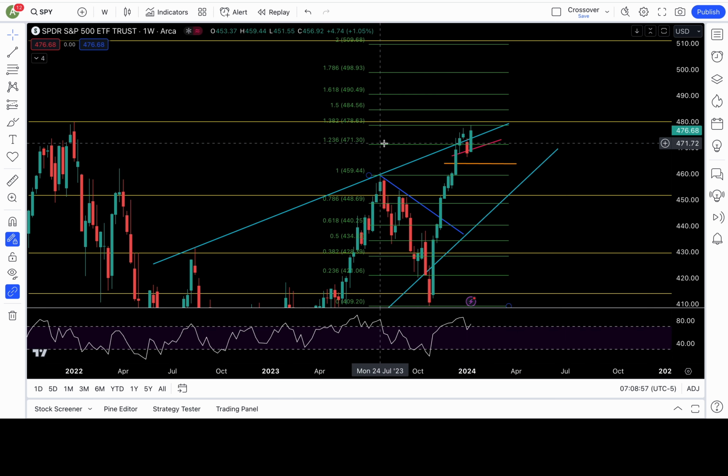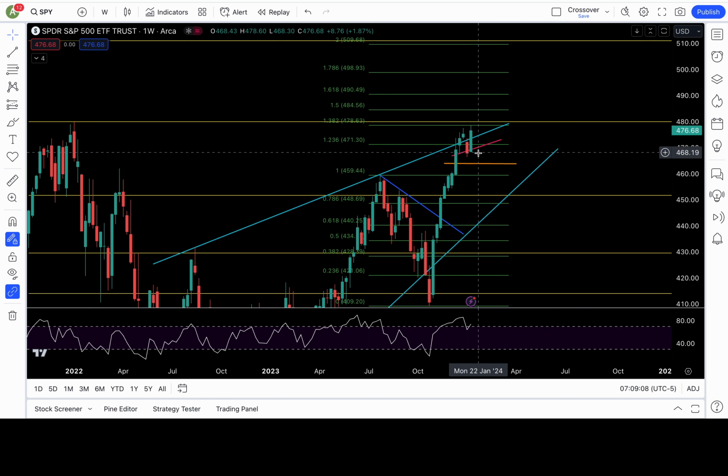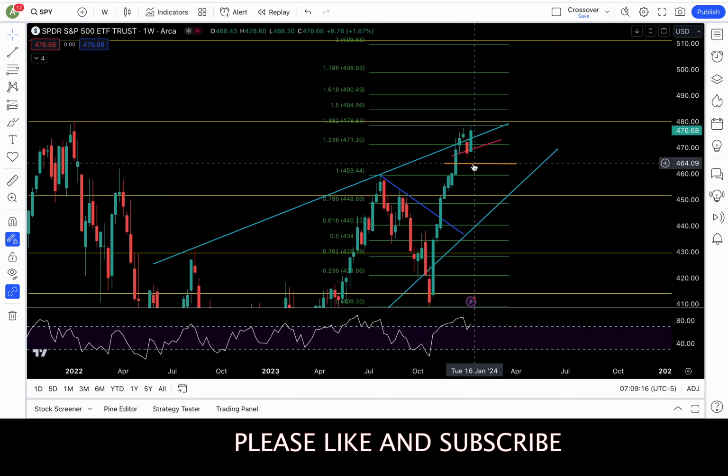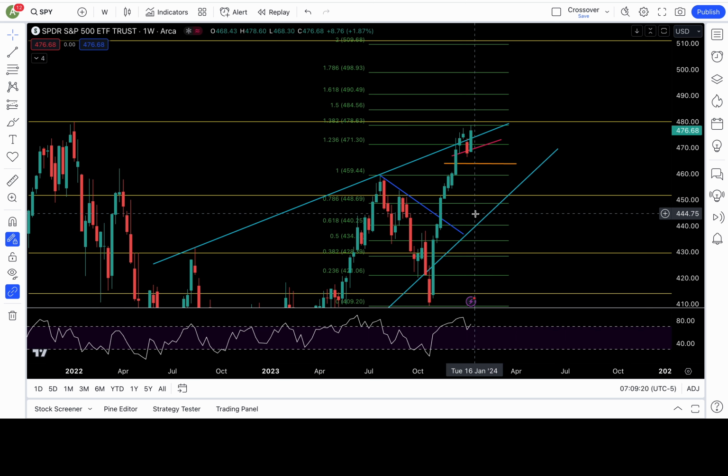Now you guys see that 471.3 was a fib extension level, so it's important. We had a false breakdown setup off that level. If that level fails this coming week, that is bearish. That's a big bearish sign, putting 469 in play. And below 469 would be very bearish as well, putting 467.5, 466, 464.5 or lower in play.